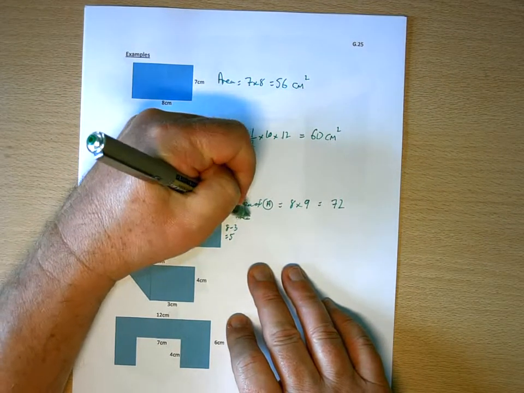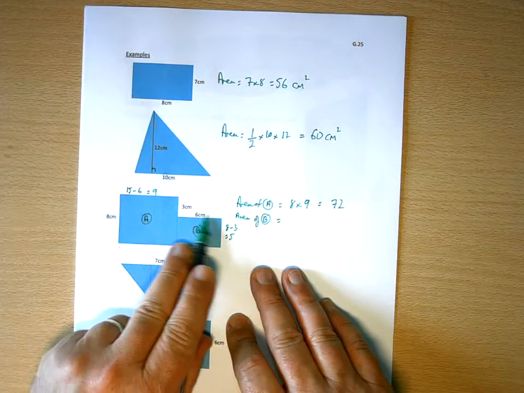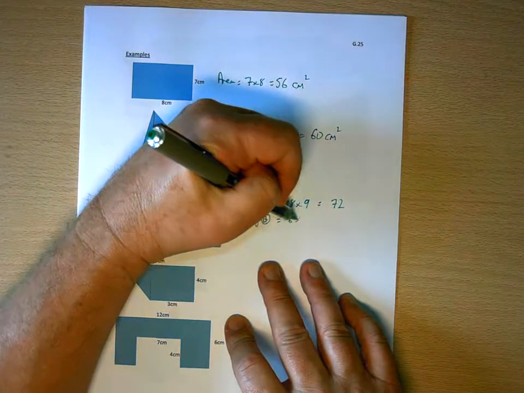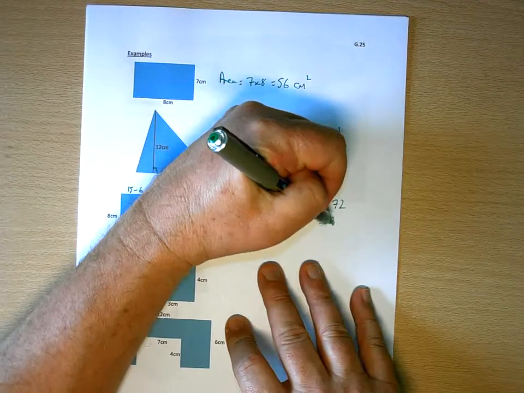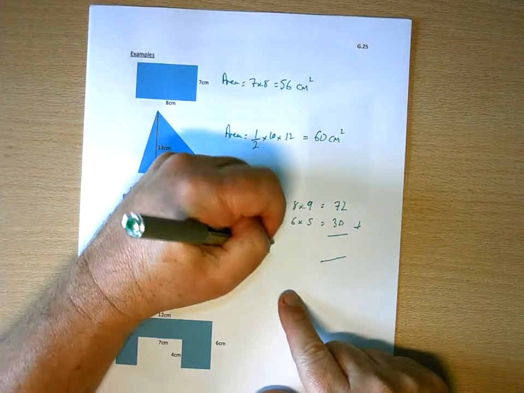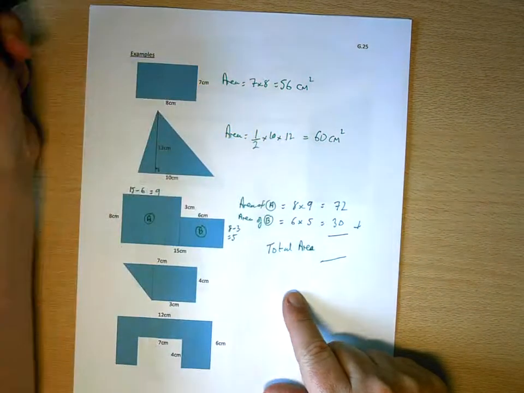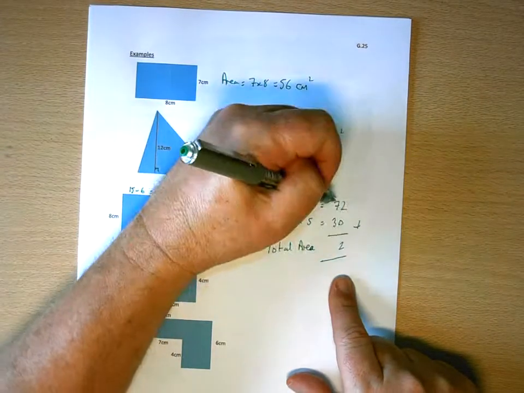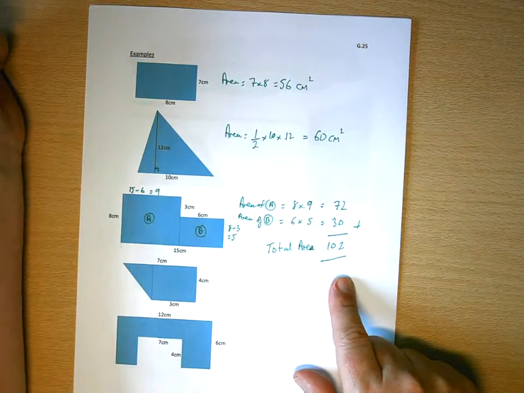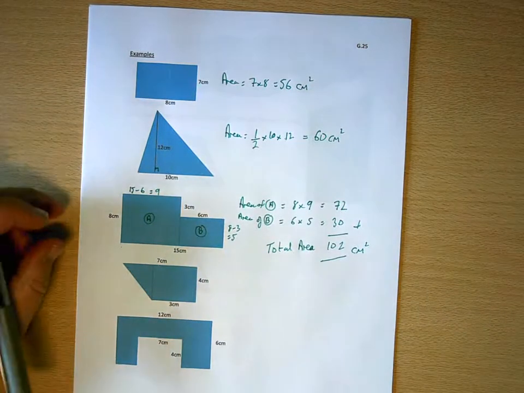So the area of B will be 6 times 5 equals 30. So the total area will be the sum of those. So 102 centimetres squared.